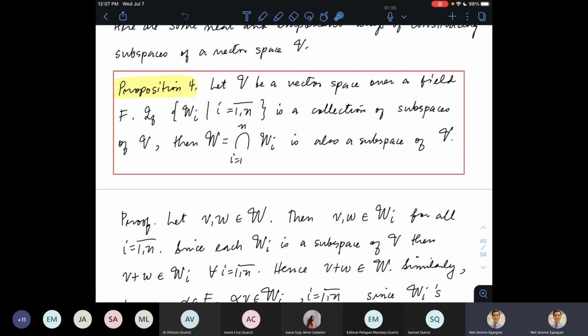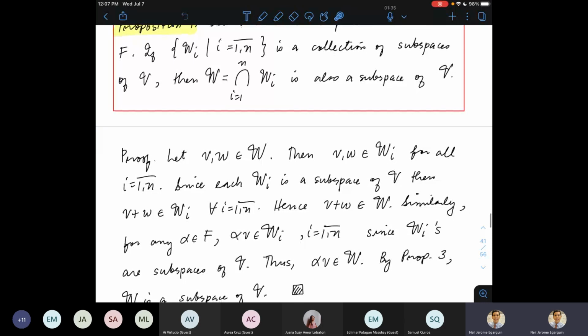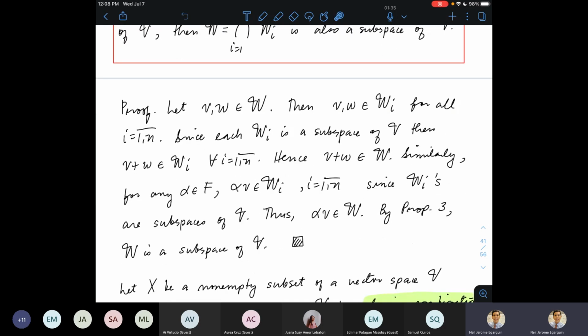What the compact criterion says is that I only need to get two arbitrary elements of the subset and show that their sum is also in curly W. And then I'll take an arbitrary scalar, multiply it by an arbitrary vector, and the scalar product must also belong to curly W. And if that happens, Theorem 3 will automatically kick in, allowing us to conclude that indeed curly W is a subspace of V. All right, and let's read the proof.